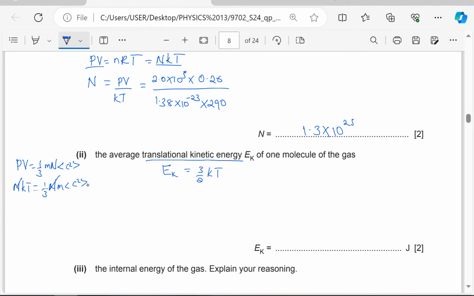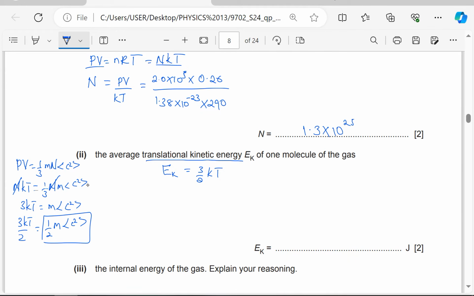So I'm cancelling out N, and multiplying both sides by 3. This is 3kT is equal to m average c squared. So multiply both sides by a half. So it will be 3kT divided by 2 equals a half m average c squared. So this is the average kinetic energy. You see it is in the form of a half mv squared. So the average translational kinetic energy of the molecule is 3 over 2 kT.